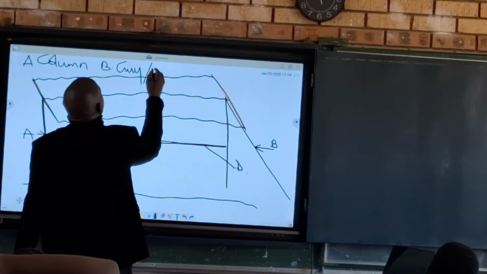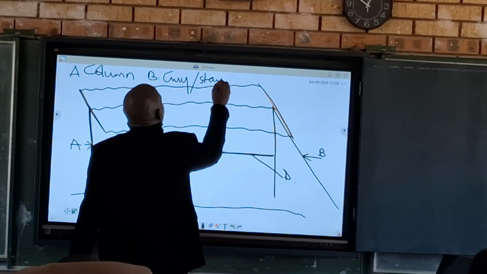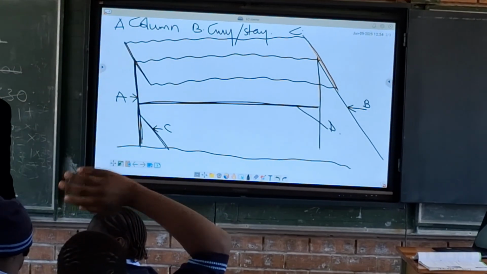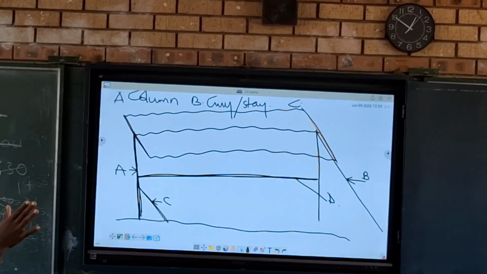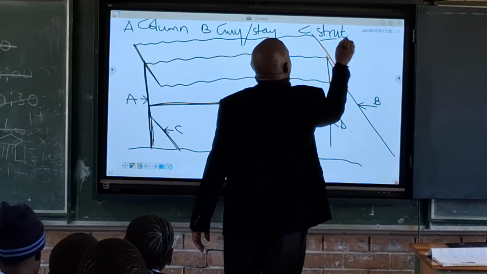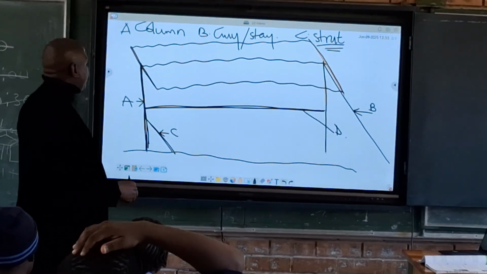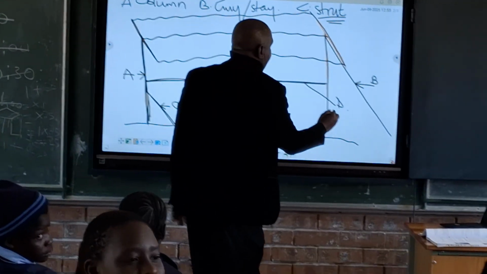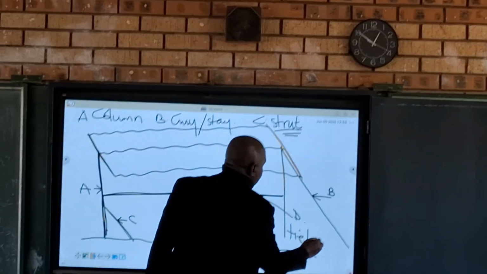Is he right? Yes. All right. Number C is a strap. And then number D, the last one, is a tie beam.